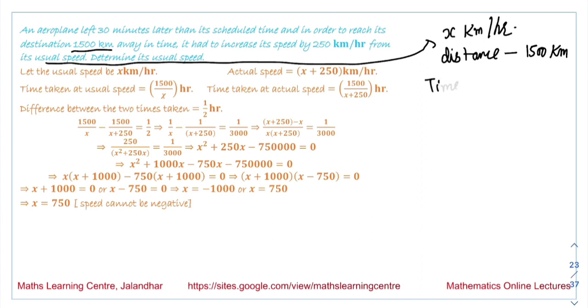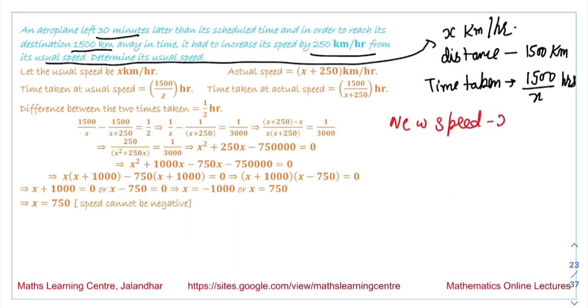So the actual time that it should have taken is 1500 over x hours. Now the next thing given is that it has left 30 minutes later and it has increased the speed. So the new speed is x plus 250 kilometer per hour.